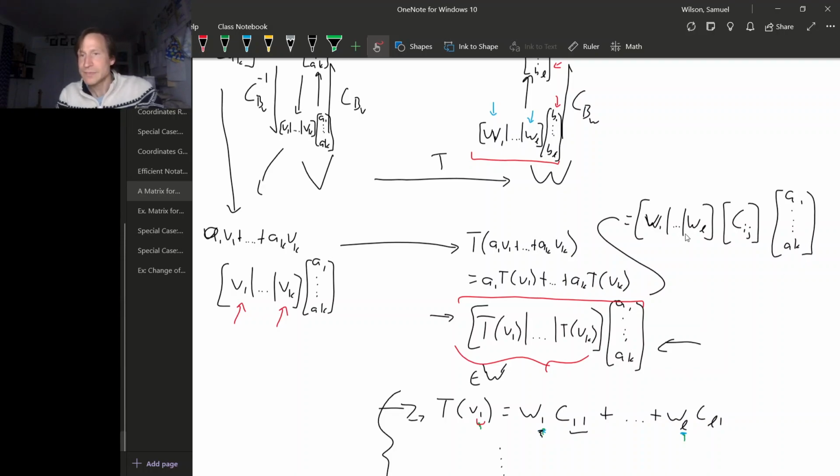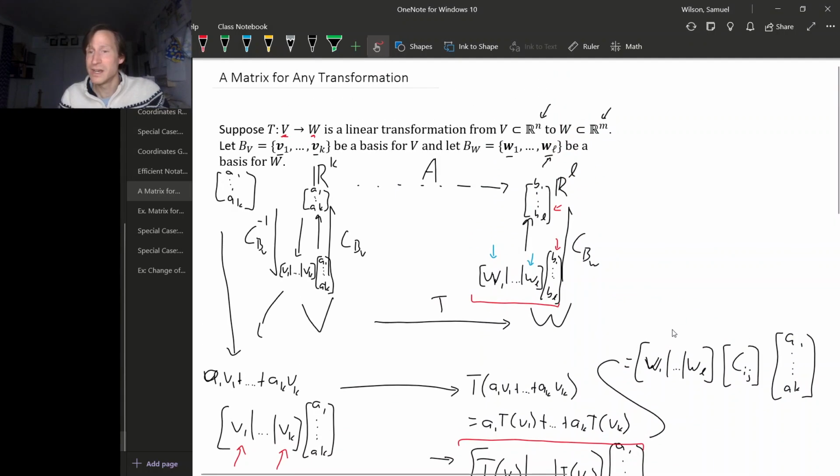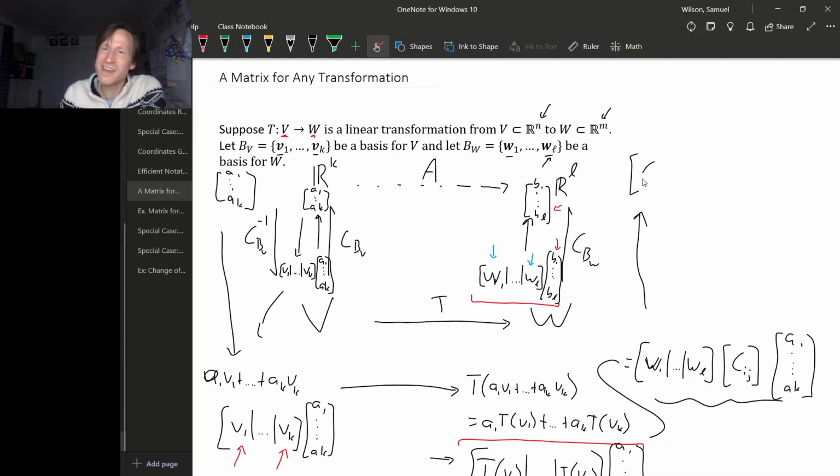Okay. Now that we have this written in terms of the W's, the coordinate transform just kind of throws away the matrix with all the W's and keeps the stuff that's left. But the stuff that's left is the C matrix times the vector of coefficients A1 through AK.